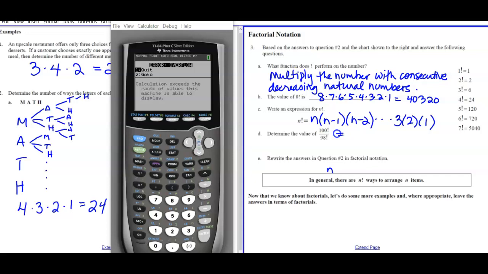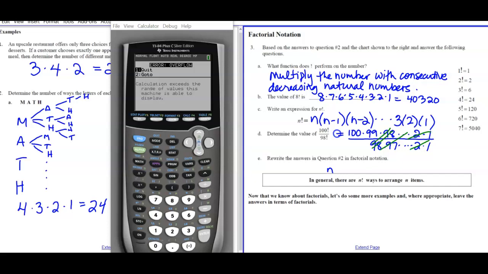In general calculus, although you won't be doing much with factorials, but 100 times 99 times 98 down to 2 times 1, let's say, over top of 98 times 97 times down to 2 times 1. Okay, all of this will divide out.